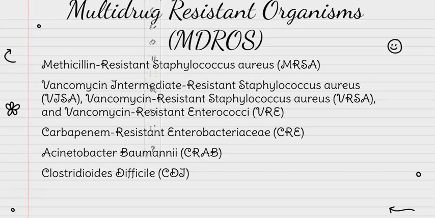And then Acinetobacter baumannii, CRAB. And a very common one seen in the hospital is Clostridium difficile, which also has resistant properties.